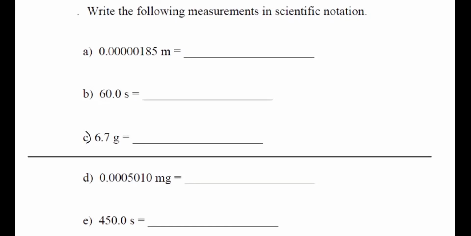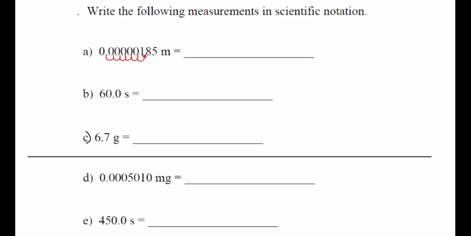How many places am I going to move that decimal place from left to right to create a coefficient of at least 1 but less than 10? Excellent, I like to see that. We're going to move this 1, 2, 3, 4, 5, 6 times.